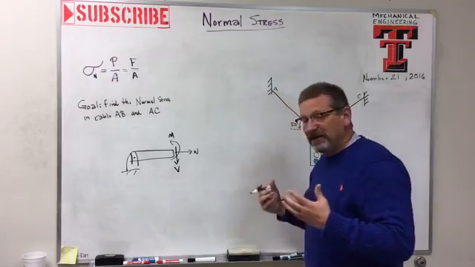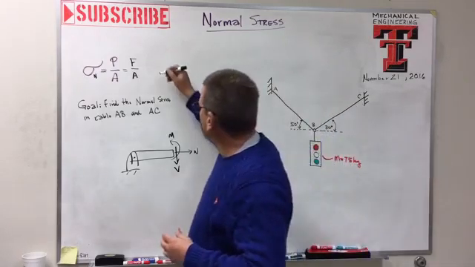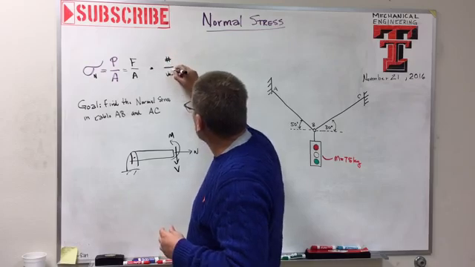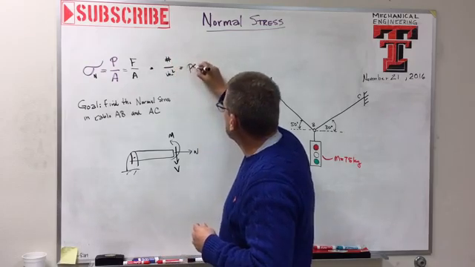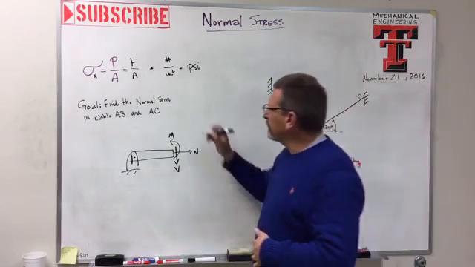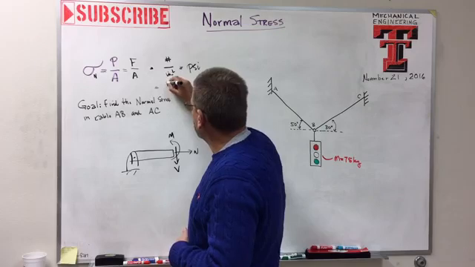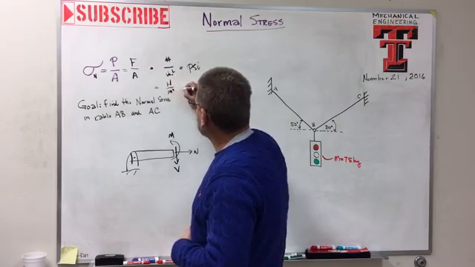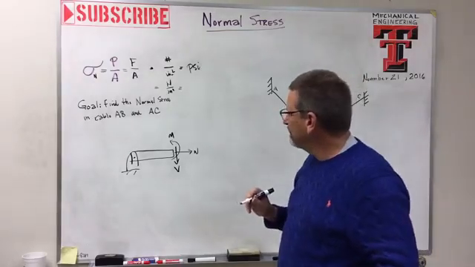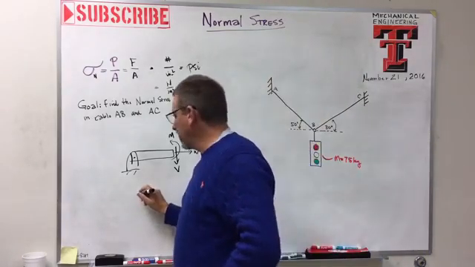And in the English system, the units for this are going to be what? On the top I would have pounds. On the bottom I might have square inches, which is going to be pounds per square inch. In the metric system, what would it be? Maybe newtons over meter squared. And do you remember what a newton over meter squared is? How about, and a newton is what?